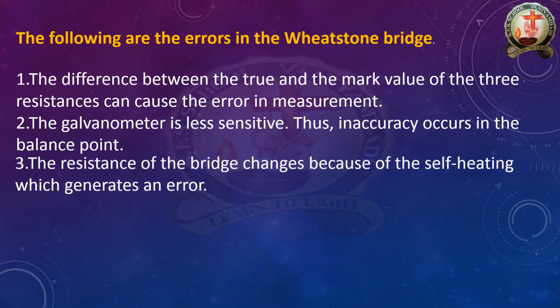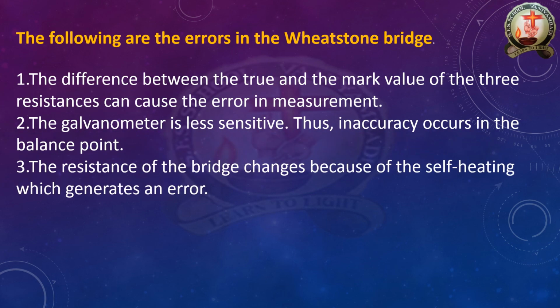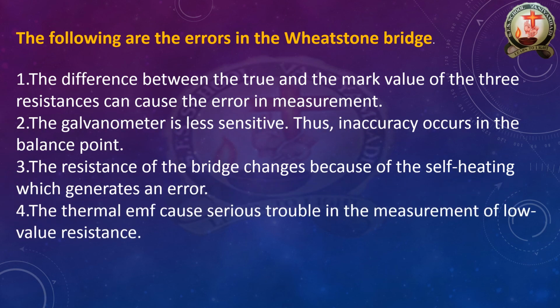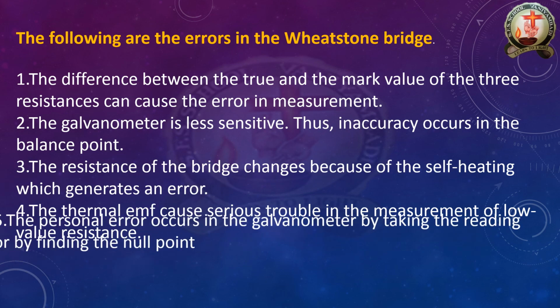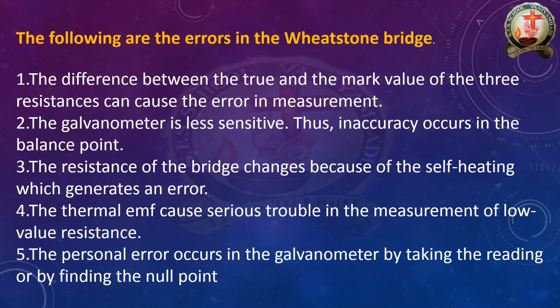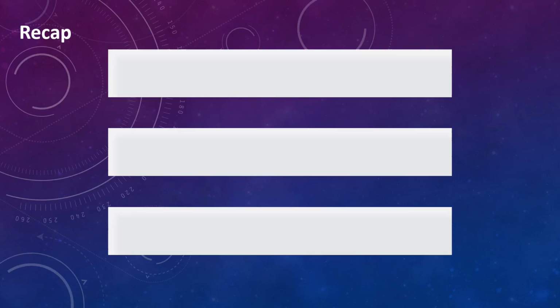We are not able to understand. The resistance of the bridge changes because of self-heating, and the galvanometer generates error. While we are continually doing the calculation, the galvanometer gets heated. The heating also gives some deflection through the galvanometer. Then the thermal EMF causes serious trouble in the measurement of low resistance values. The personal error, human error also, null point is there.